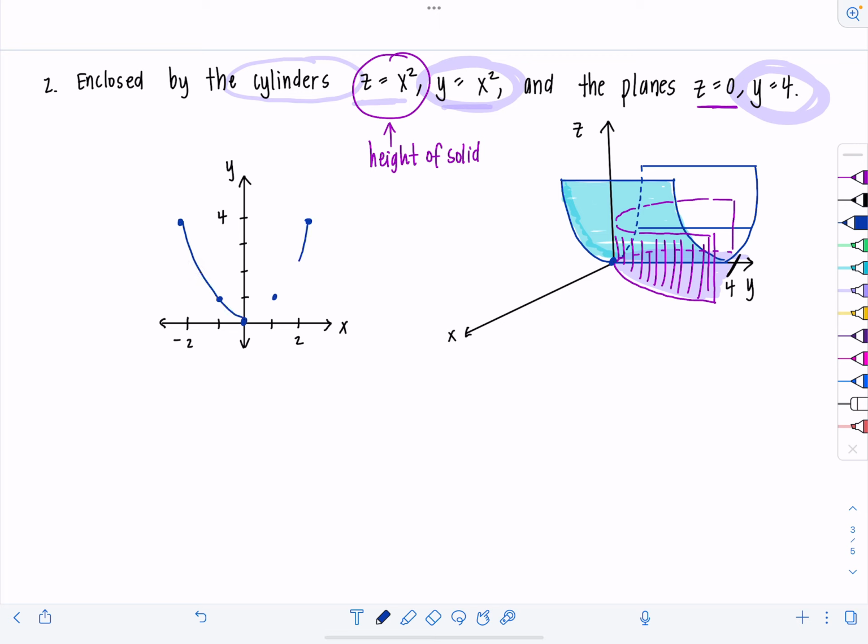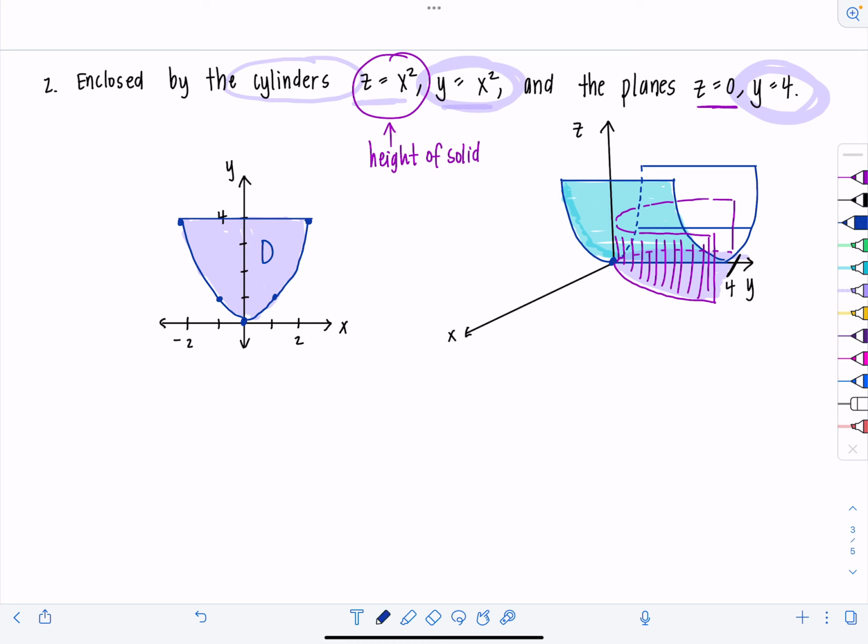So here is the region D. Lovely. Now let me color code it the same way so you know where it went, so it matches the 3D graph. Let's decide. Is it easier to bound this region above and below or on the right and the left?